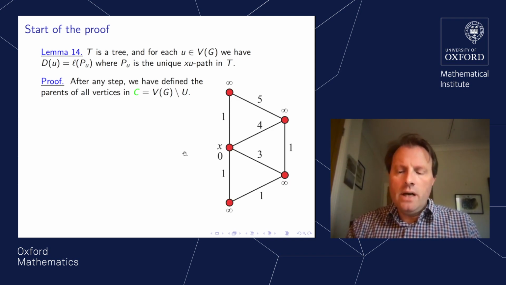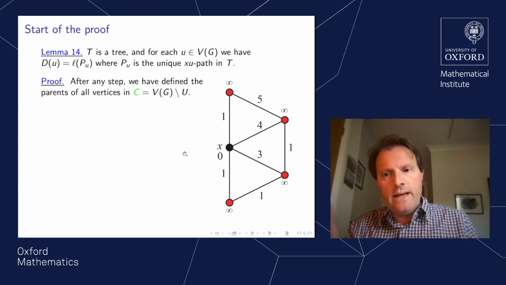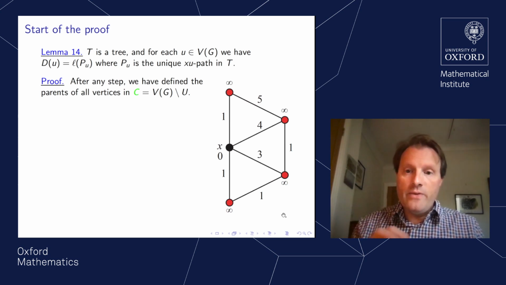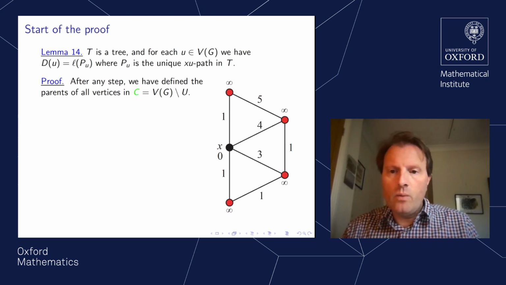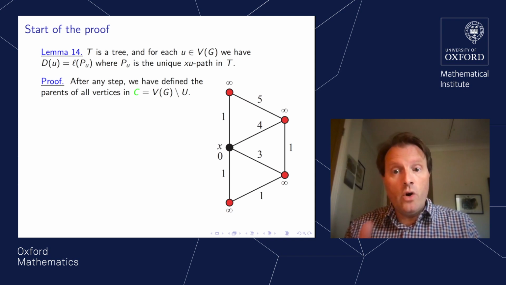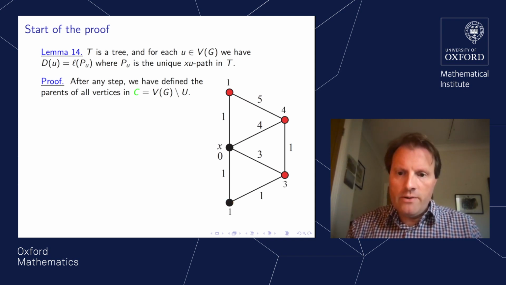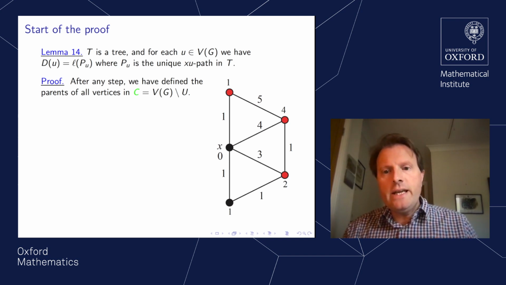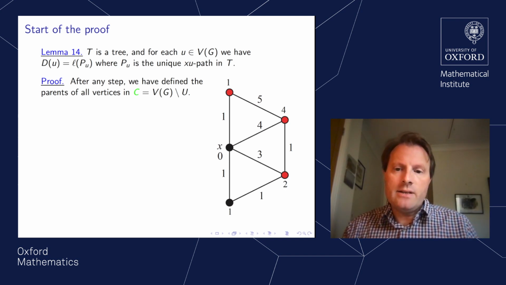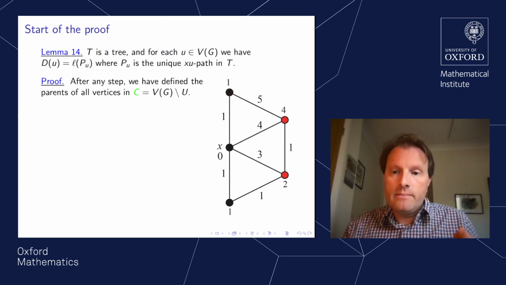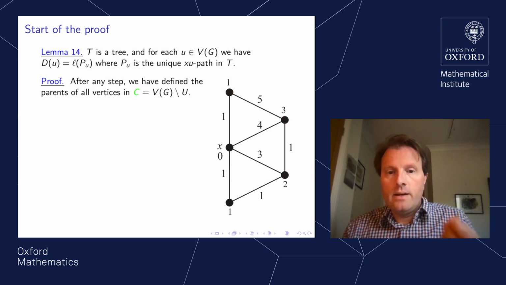Okay, so let me just run through this algorithm again in this particular case, keeping track of the red vertices, which are the ones for which we're not yet certain. As we run through the algorithm, you can see that the black vertices, the complement of U, are growing.